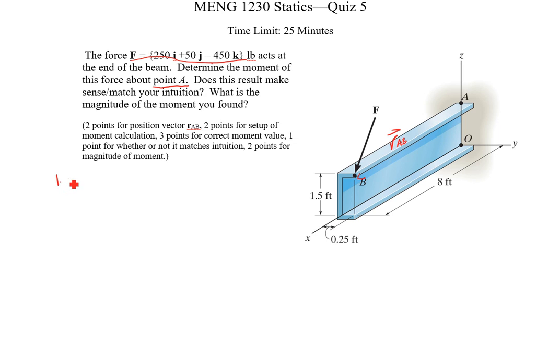Step one, find the position vector RAB. Step 2, use the cross product to find the moment, and then we'll answer the intuition and find the magnitude of our moment.